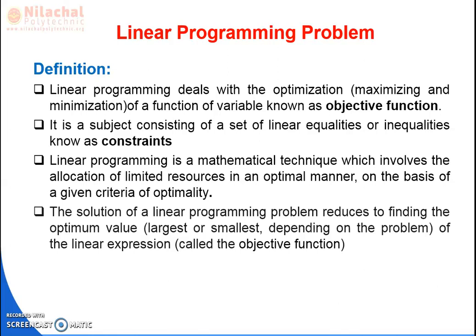What does linear programming mean? Linear programming problem means the mathematical model. In our industry, whatever the theoretical data or problem related to it, that theoretical problem will be converted into a mathematical model.